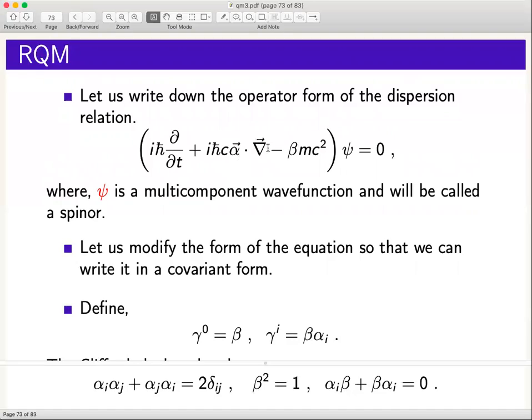If you multiply by beta, then beta squared will be equal to 1 because of the condition that beta squares to 1, and you would have a beta sitting out here. Now you have a beta here, a beta times alpha here, and an identity matrix there.